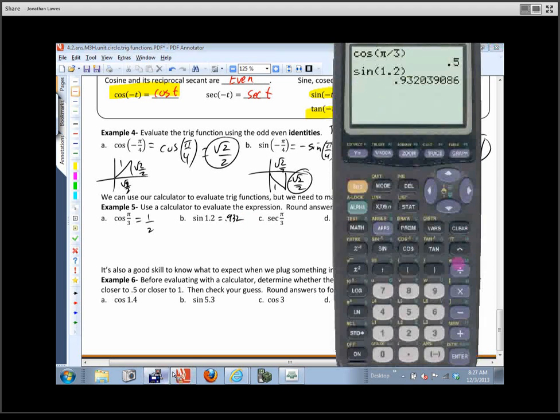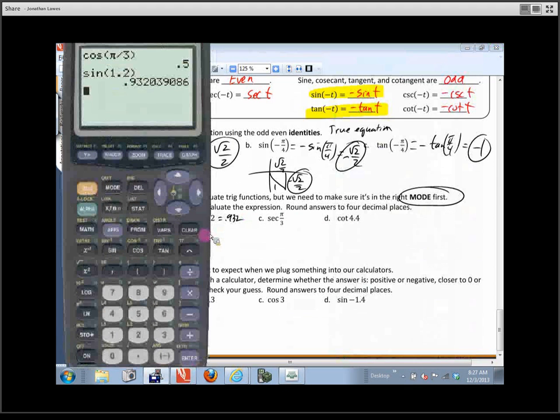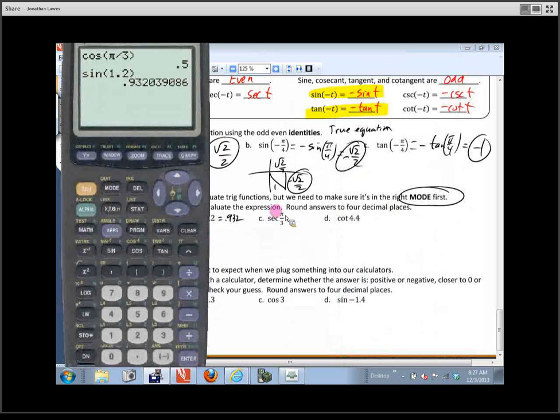Okay, let's take a look at this next one. Anybody know how to compute that? What would the second button do for you? Like that cosine to the -1, does that mean the inverse? Okay, let's not confuse this.